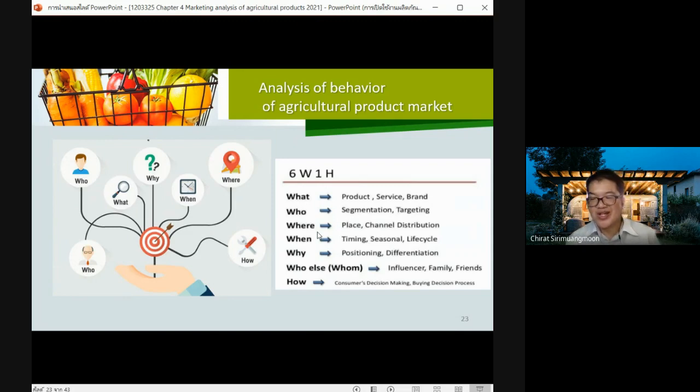You need to think who is going to be the influencer, family or friends. Like who is going to have some effects on you. So I would say for now, we might have this word a lot, influencer, because even for agricultural product, you need to have good actors or a person who is going to express their idea and convince you to purchase the product.